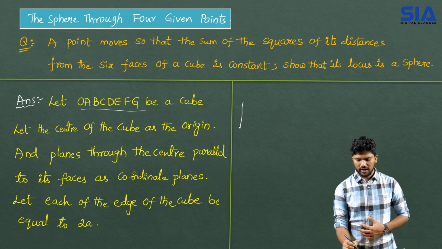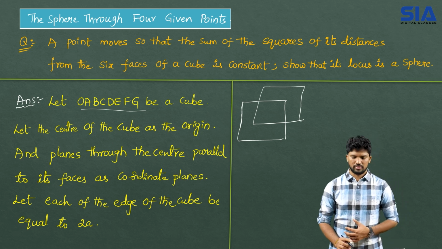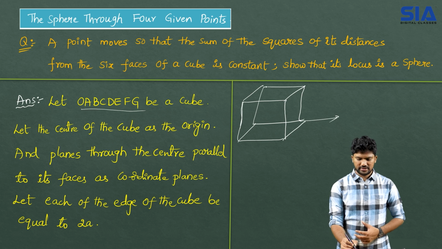First of all, I am drawing a cube. This is the rough diagram, in this format, to take a cube. Now extend this as the x-axis, extend this as the y-axis, and extend this as the z-axis.